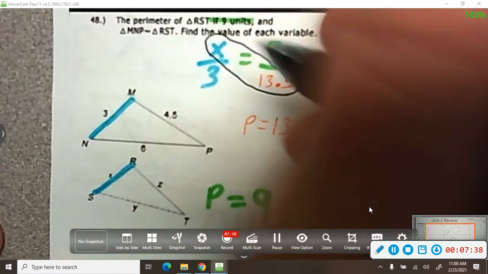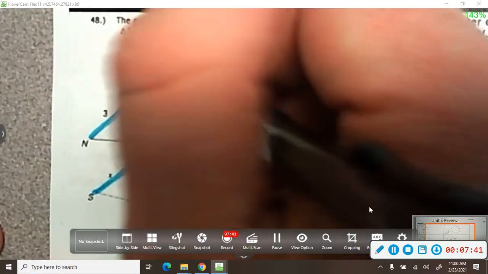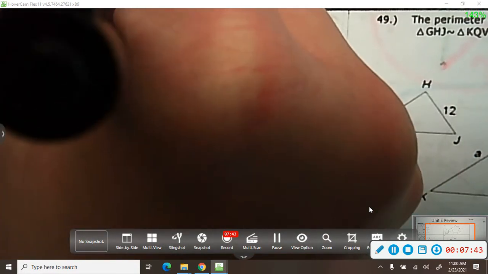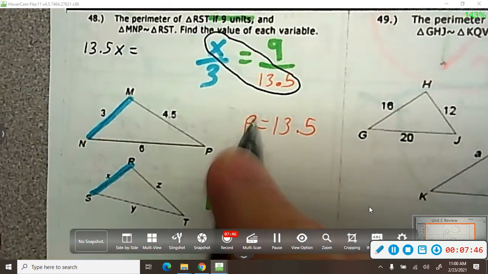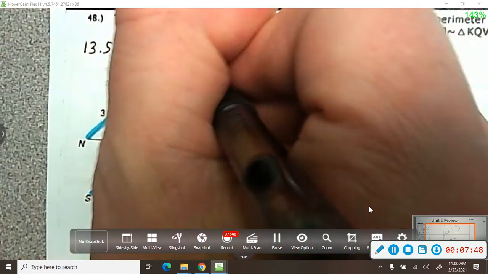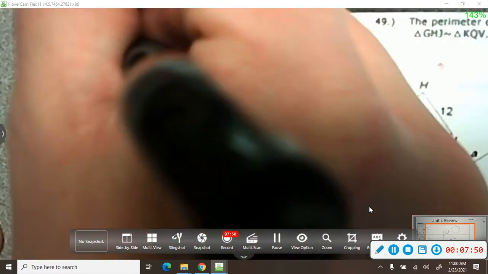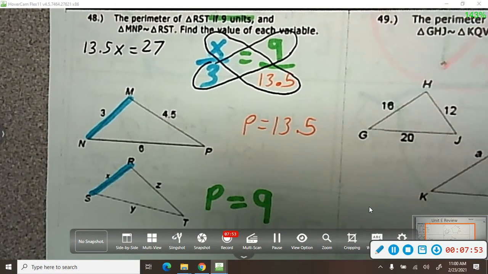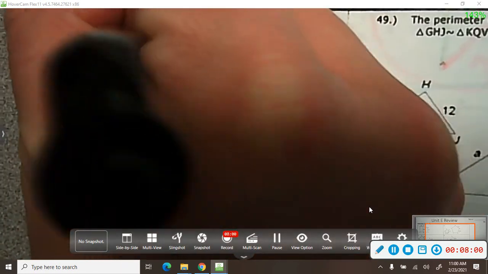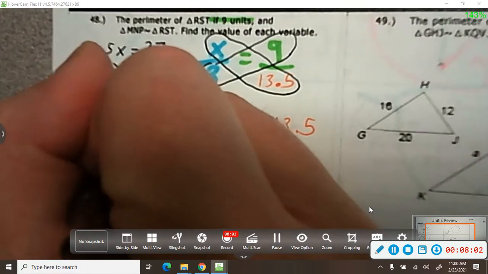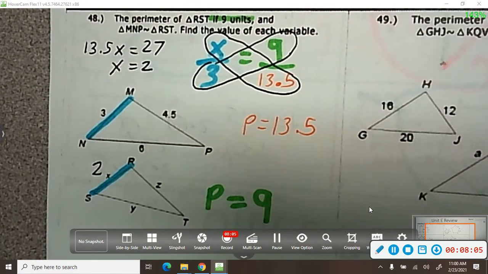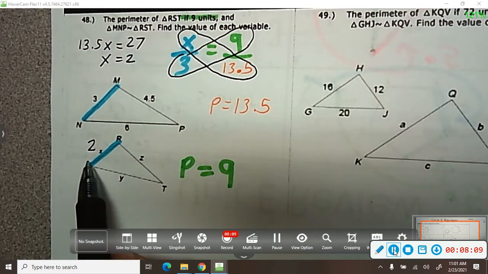I get 13.5x is equal to 3 times 9. Then I'm going to take 27 divided by 13.5, and I get 2. So I just found that this side is 2. So now we know x is 2.